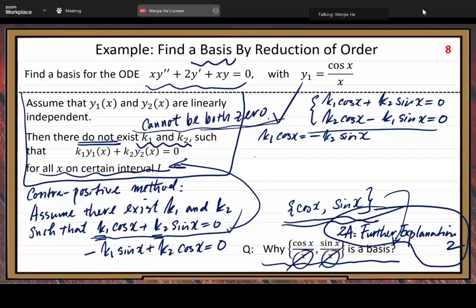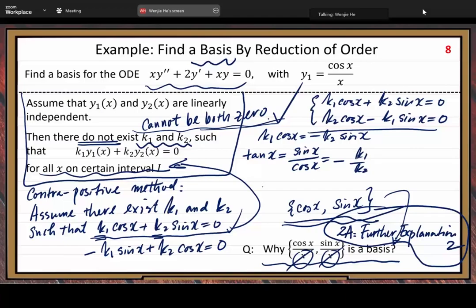Let's look at tangent x: sine x over cosine x equals negative k1 over k2.